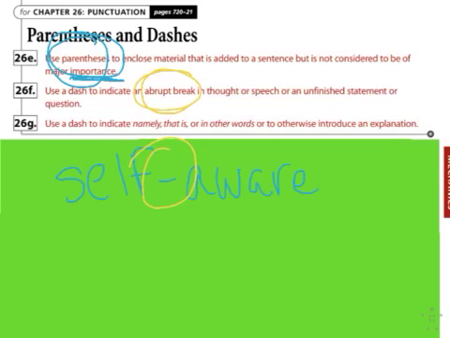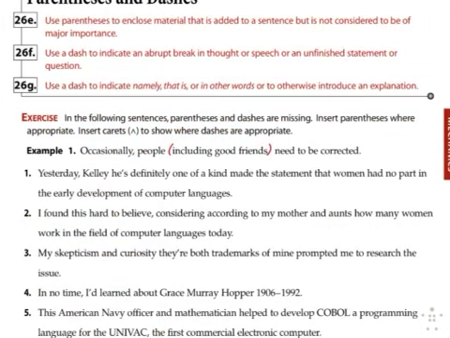So we're going to go over the answers for the first 5 that you did yesterday. So our first sentence yesterday, Kelly, he's definitely one of a kind, made the statement that women had no part in the early development of computer languages. So for this one, this whole idea that he's definitely one of a kind, it's like I'm adding something to this sentence.